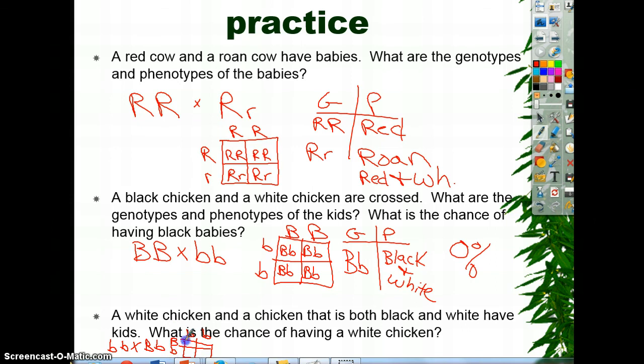Okay, what is the chance of having white chickens? Well, if you can see, it's the bottom two, the little b, and it would be 50%.